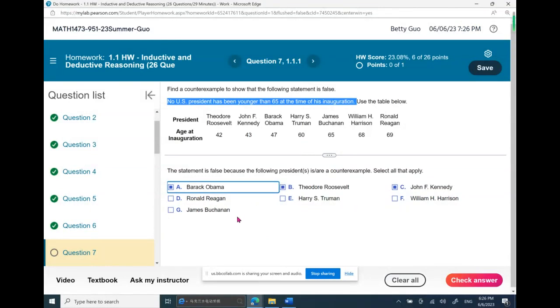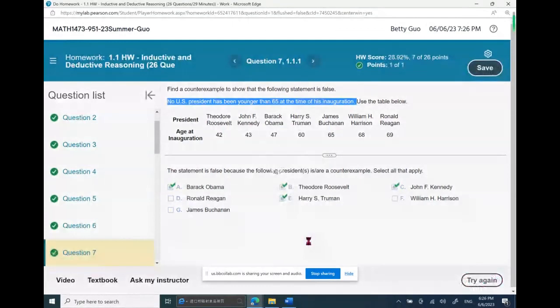Harry Truman is also a counterexample. And all other three, they are older. Hold on. No president has been younger than. Yeah, the ones I checked have been younger than. Okay. And that's it.